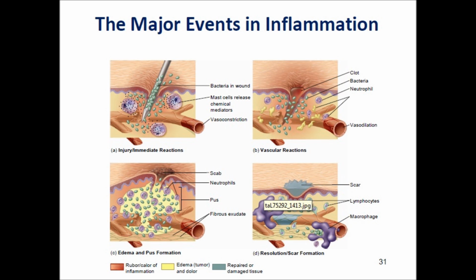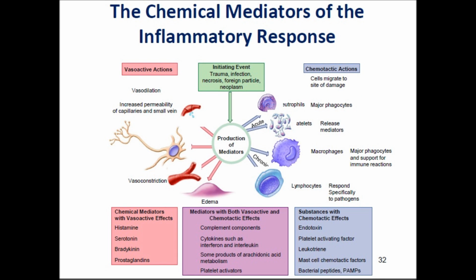And I don't want to go too much into this. It's just basically what I just showed you. You have an injury, which is some trauma, and you have vasoactive action. So you have a short period of constriction, then a dilation, dilating the blood vessels, and then you have a lot of chemotactic action.